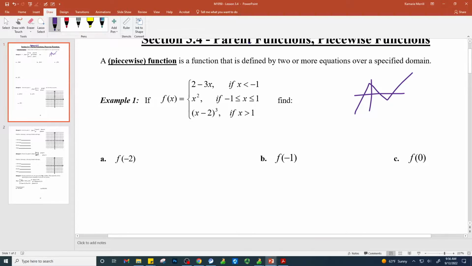We just don't see the dots. Sometimes you're used to piecewise being disjoint, or this one looks continuous. So piecewise can be a lot of different things, and I just hope you're comfortable with them.